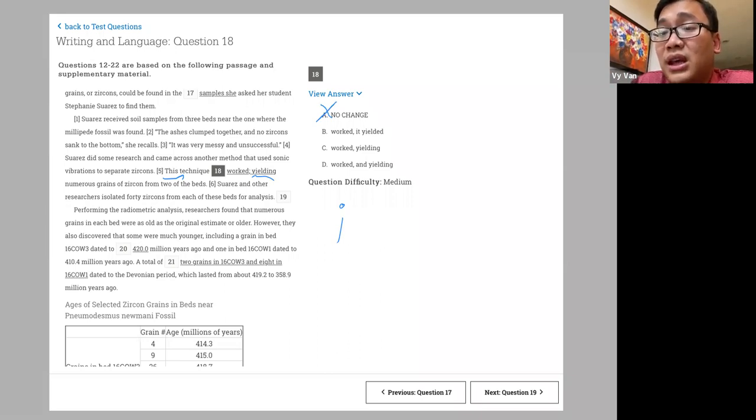B, if you say this technique worked, it yielded, okay? Again, it yielded something, that is actually an independent clause. When you have an independent clause, comma, independent clause, this is what's called a comma splice, which is wrong. You cannot do this. Okay, so B is wrong.